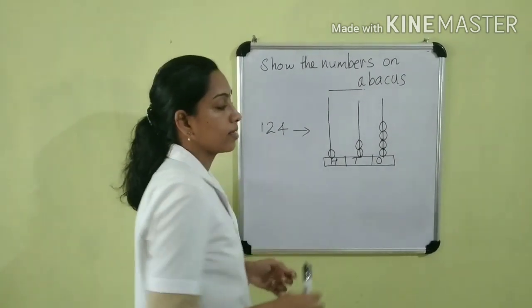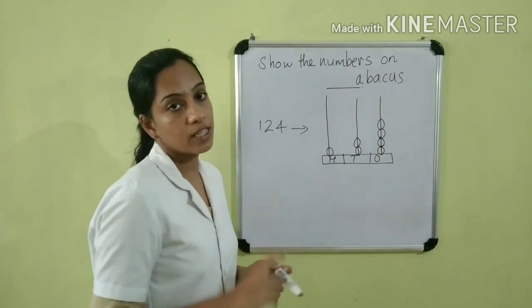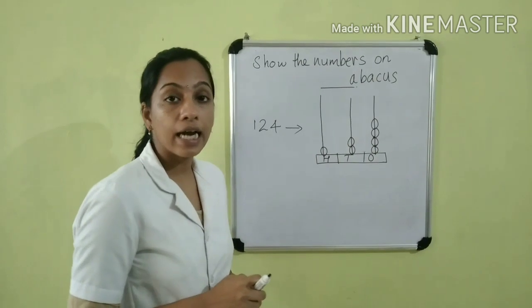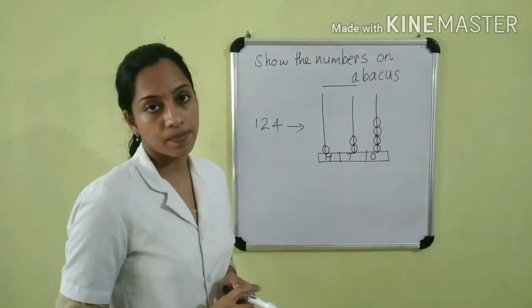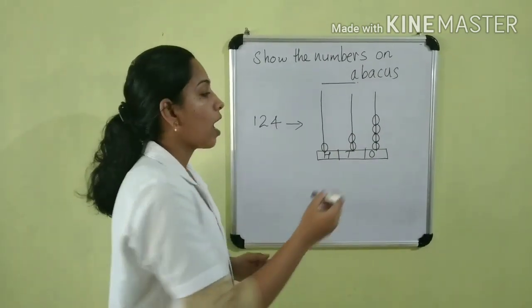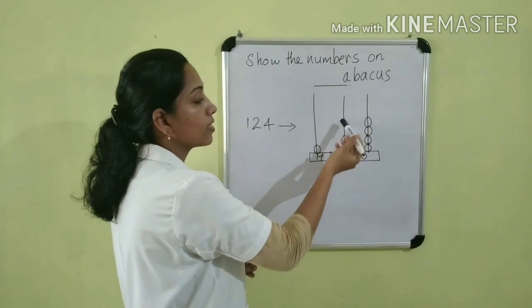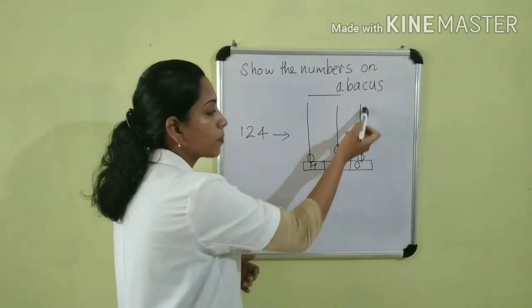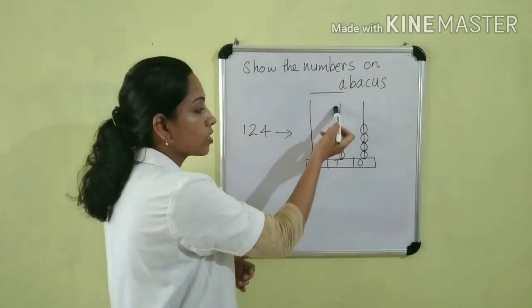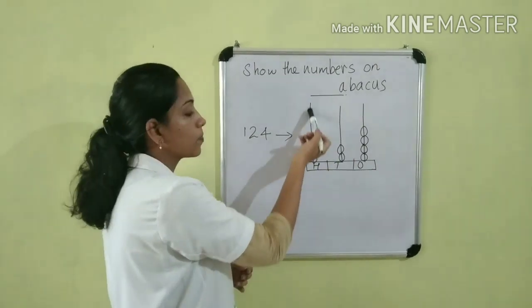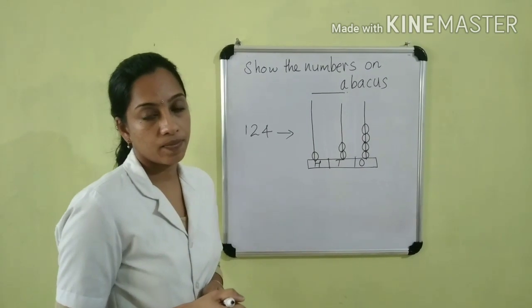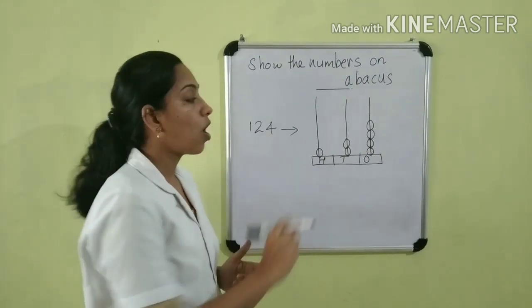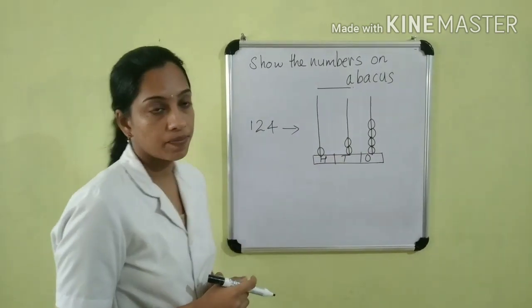In this abacus, you can see 3 spikes because a three-digit number contains 3 places. That's why I have drawn 3 spikes on this abacus. The first one is the spike of ones, then the spike of tens, and the spike of hundreds.